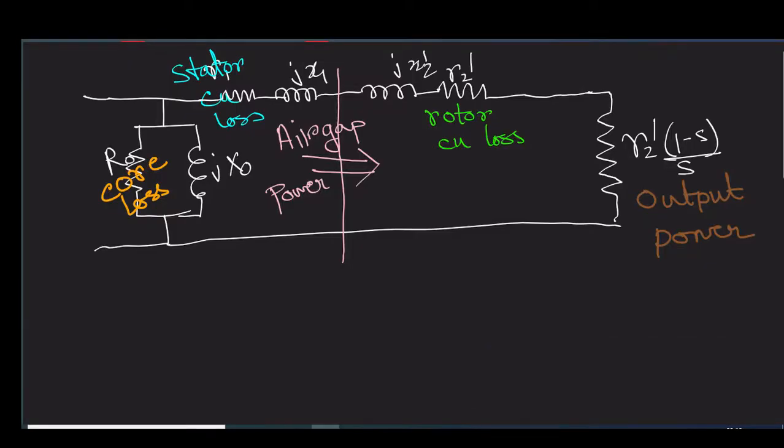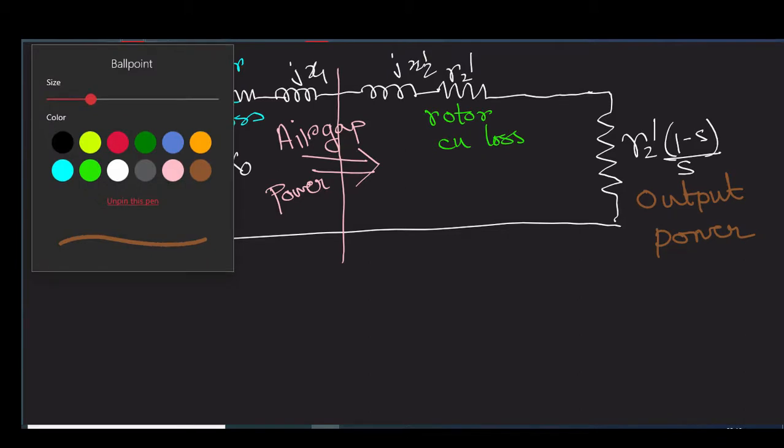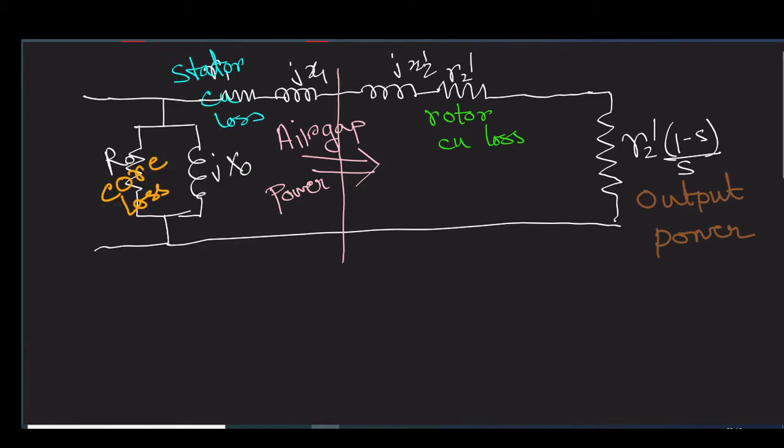This software is creating a lot of problems. Everything I drew was just erased, and it is not possible for me to recover it. So with our approximate equivalent circuit, this is our power flow diagram.